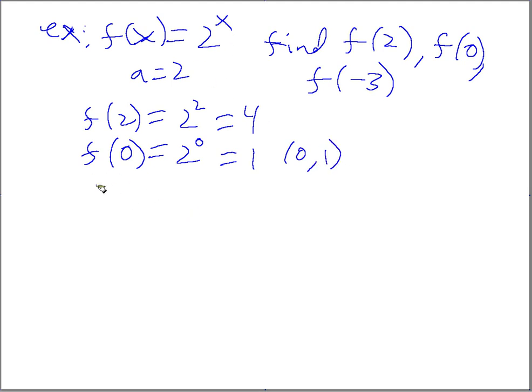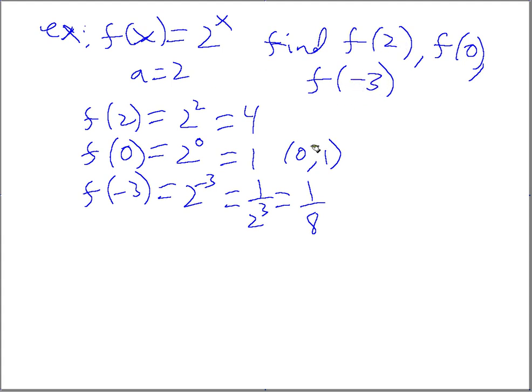What about f of negative 3? Let's plug in negative 3 for x, 2 to the negative 3. With negative exponents, we simply bump it down to make it positive, so 1 over 2 cubed, which is 1/8, 2 times 2 times 2. What I'm trying to show with these three function values is that in terms of domain, you can plug in 0 for x, a positive number for x, and also a negative number for x.